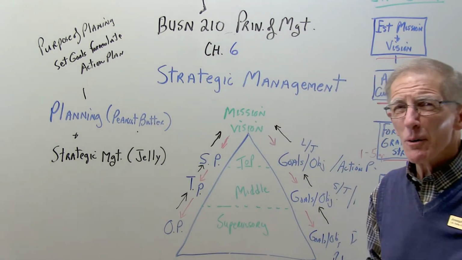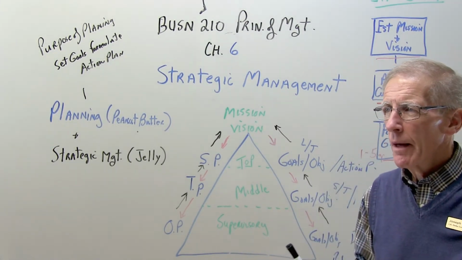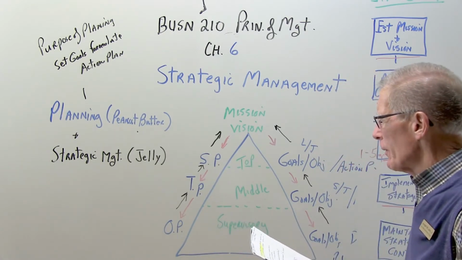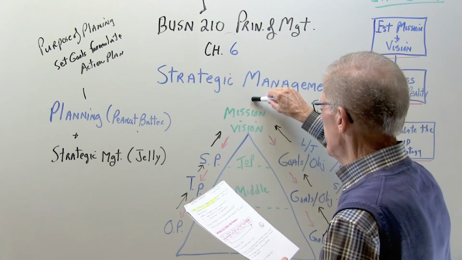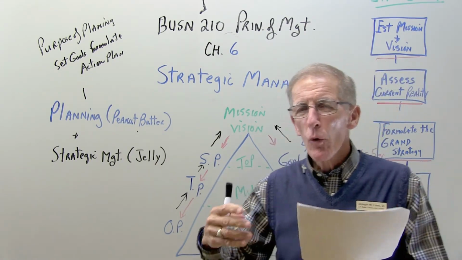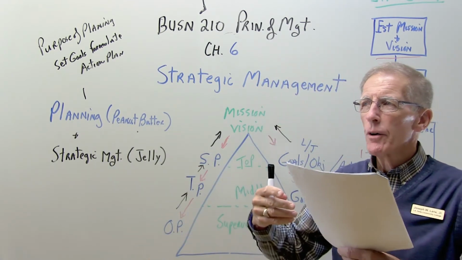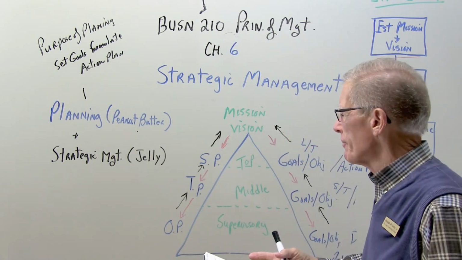Well, the answer is no. Because strategic stuff is important, and it would not be at this lowest level. Would it be up here? Well, the answer again would be no, because nothing can come before your purpose for being and your direction that you're heading, your mission and your vision.